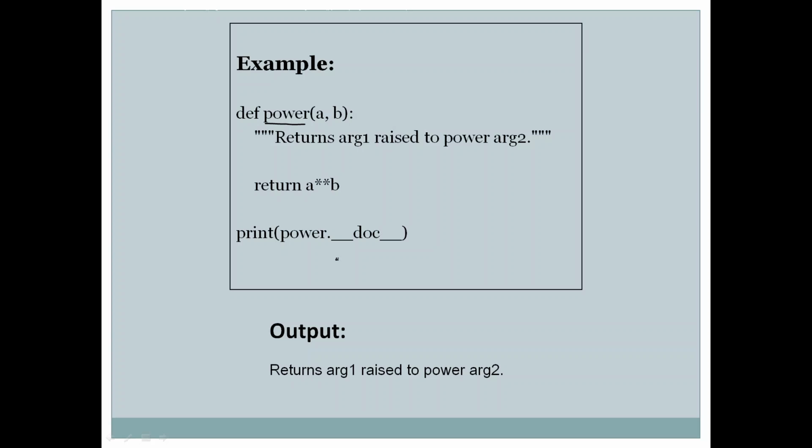Same way, when you declare your functions, you have to include the documentation string, because if somebody else wants to use your function, he will get some help about your function, like what your function does, or what arguments your function takes, or what type of arguments your function takes. All those things can be included in the documentation.